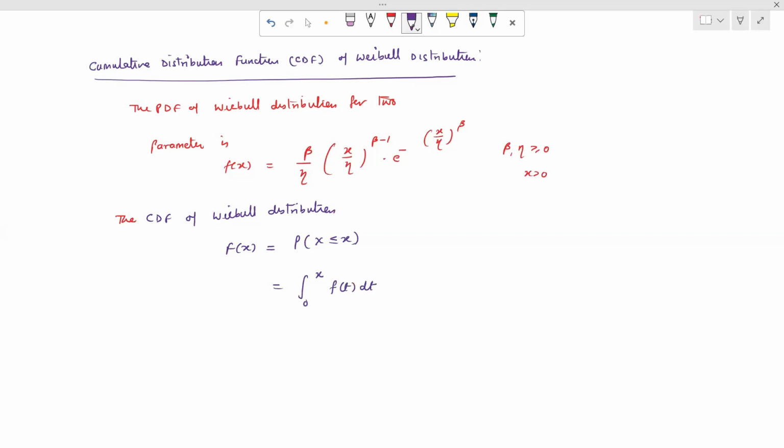Because we are taking the limit in terms of x, the function changes into the form of t, so we write f(t) dt. So now the function of x we convert into the form of t.